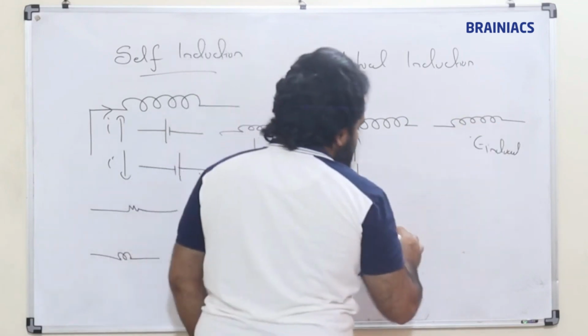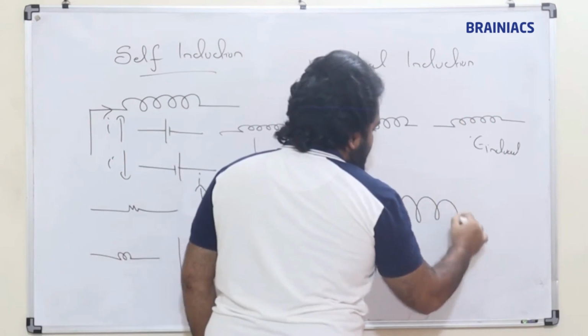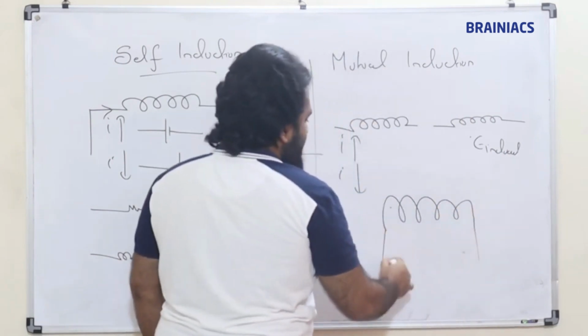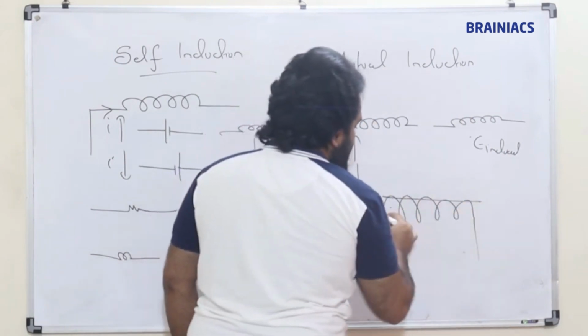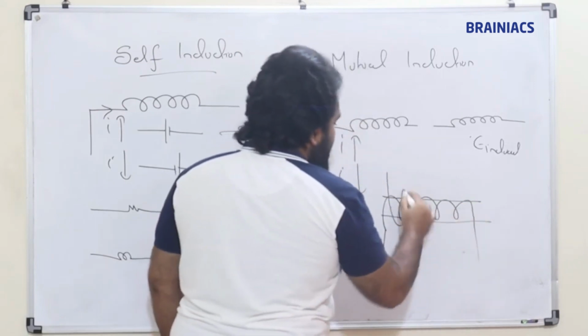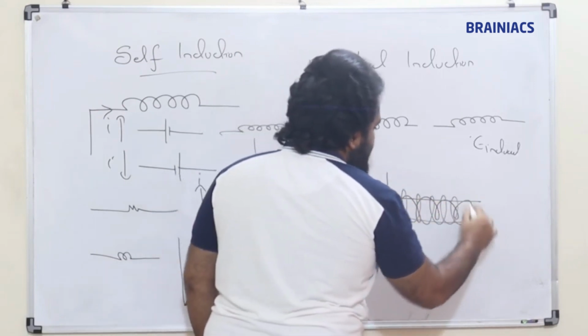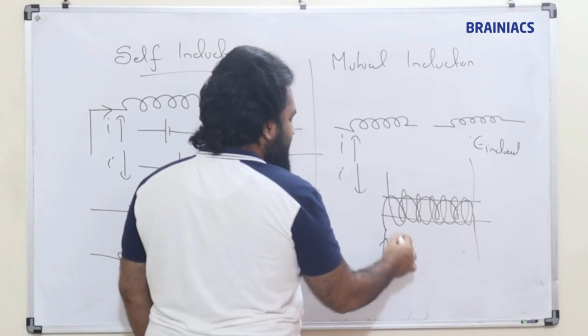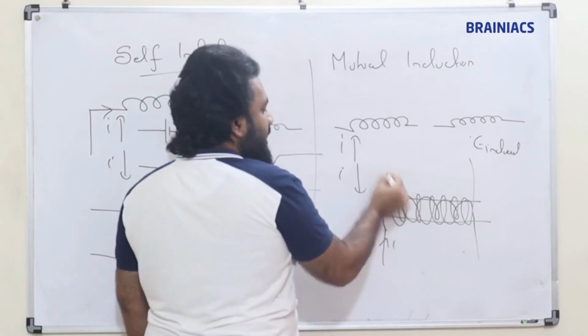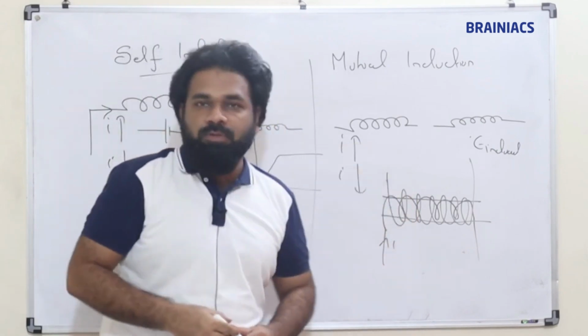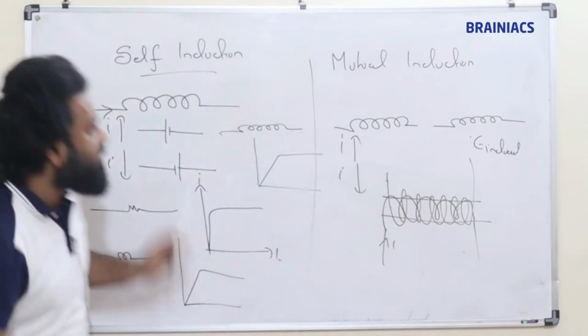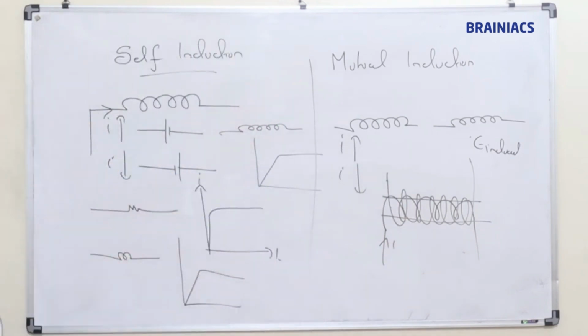Suppose this is a solenoid, and we wind another piece of wire like this. Current is passed in this, then there will be an induced EMF in the other one. That is mutual induction. This is the difference between self-induction and mutual induction.